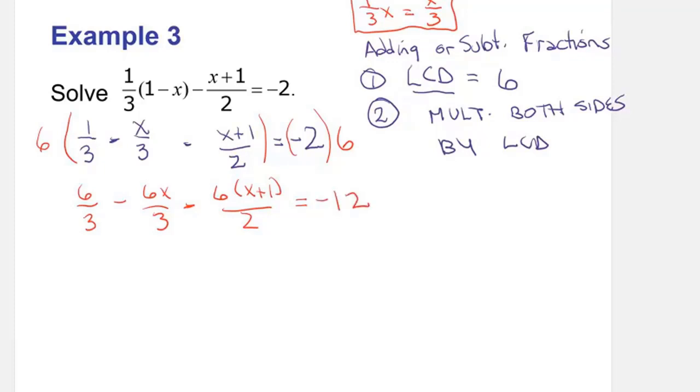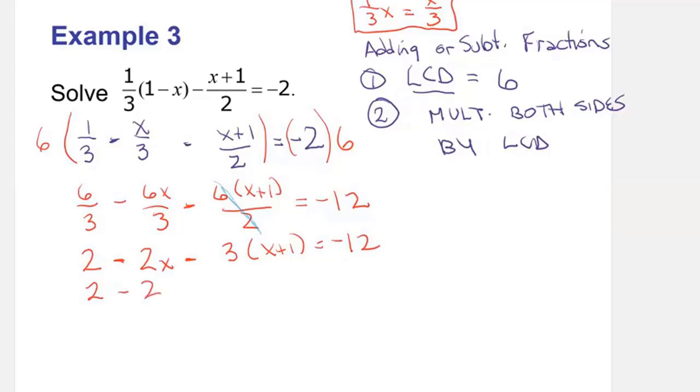Now, why did I do that? Because I can cancel. I can say 6 over 3 is 2. And again, 6 over 3 is 2, so I have 2x. And here, I can cancel this 6 and this 2, and that would give me 3 times x plus 1 is equal to -12. Let's keep going.